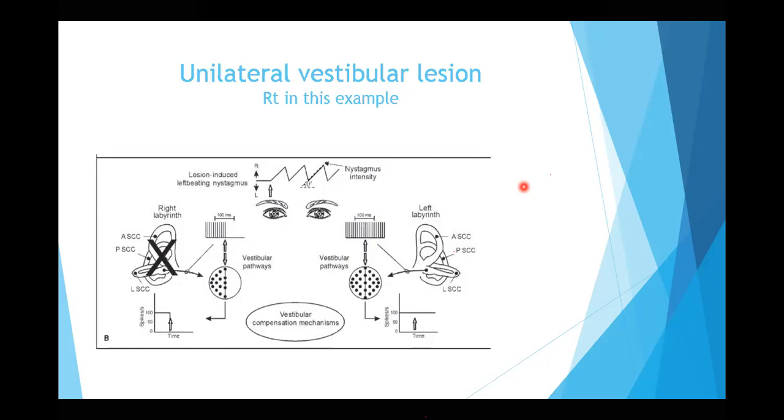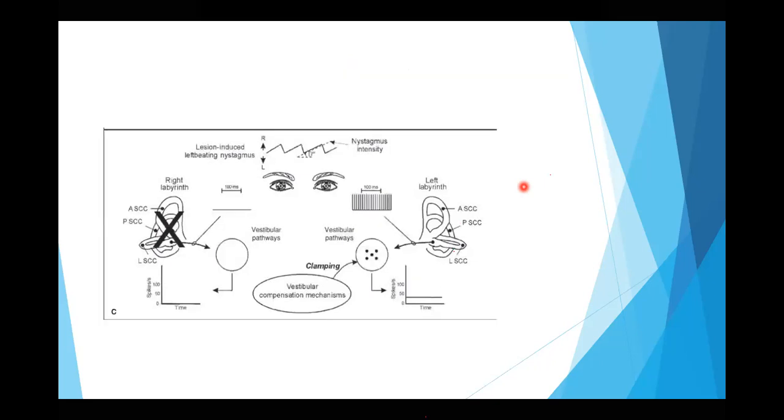Likewise, the adaptation takes place in the next step. What it does is bring back clamping. Clamping means clamp. You have your clamp, right? Which means trying to stop your nerve fibers firing. So it is trying to clamp it. When you have clamped it, the spontaneous responses that reach the vestibular nuclei have reduced, which means below the spontaneous rate.